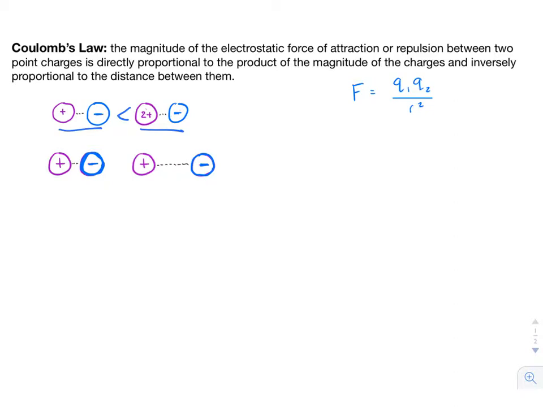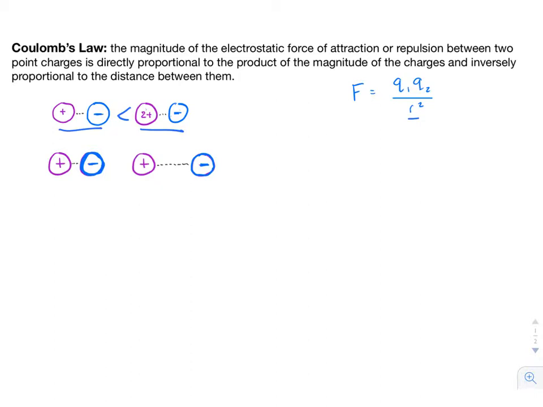Now, in addition to the magnitude of the charges, distance is also a component that contributes to our overall attractions or repulsions. If we look at this example, once again we have a positive and a negative charge, so it's going to be attractive forces. In this case, we have the same magnitude of charges with a positive 1 and a negative 1, but the difference is that the distance between them has increased.